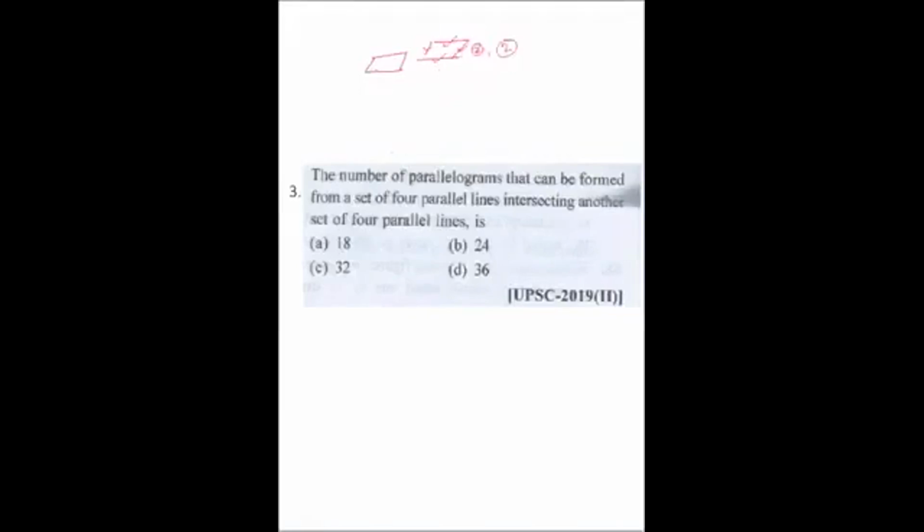It means 4 parallel lines intersecting another set of 4, so out of the first 4 we have to take 2, and from another set we have to take 2. So it is 4C2 and 4C2. So the number of parallelograms will be 4C2 into 4C2, which is factorial 4 upon 2 factorial, 2 factorial into factorial 4 upon 2 factorial, 2 factorial.